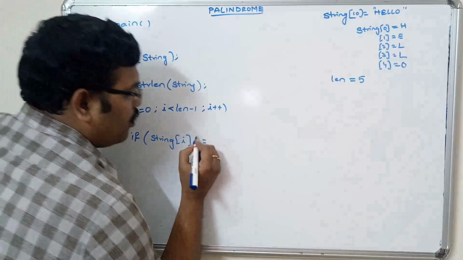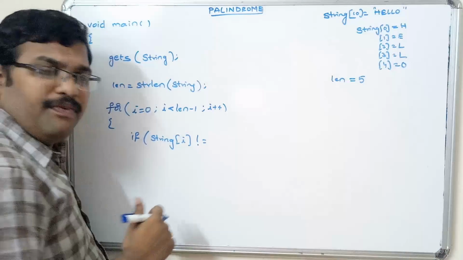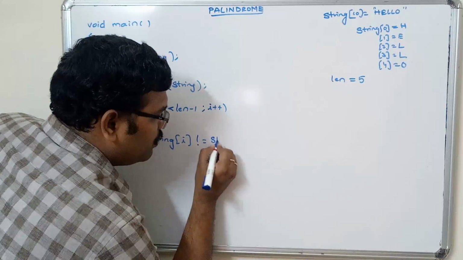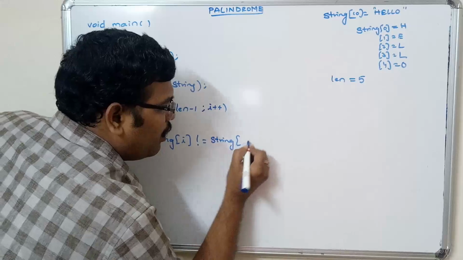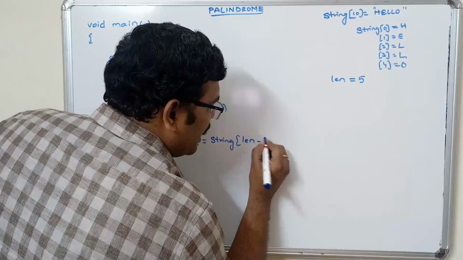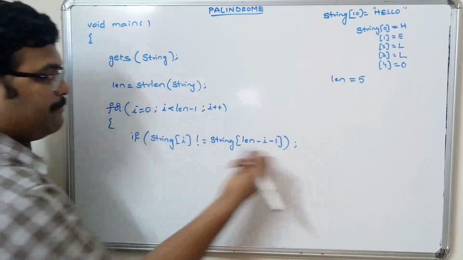We can apply the fail condition: string of i not equal to string of length minus i minus 1.